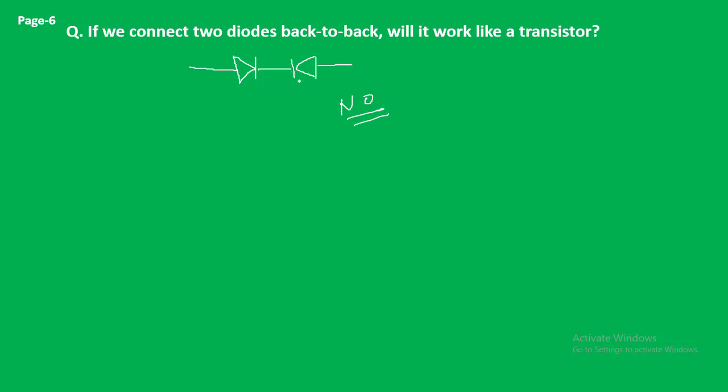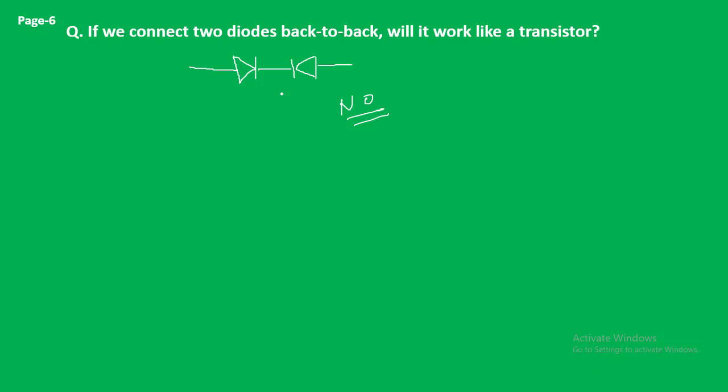First of all, the diodes available in the market, if you simply connect them, definitely they will not work as a transistor because they are not in the same material. P, N and P both should be within the same wafer. We call this term wafer for the fabrication of transistor.